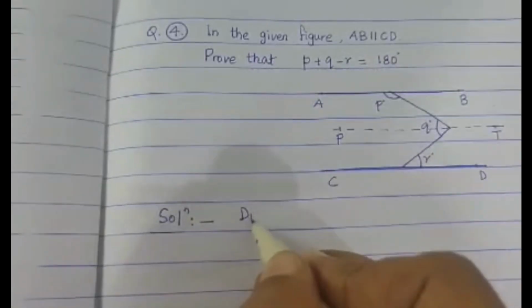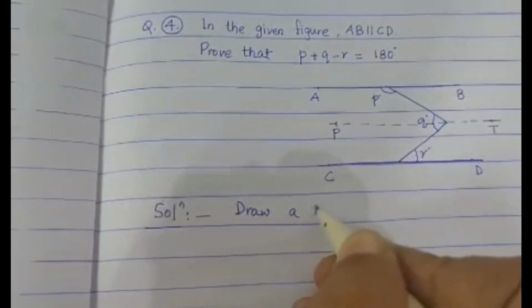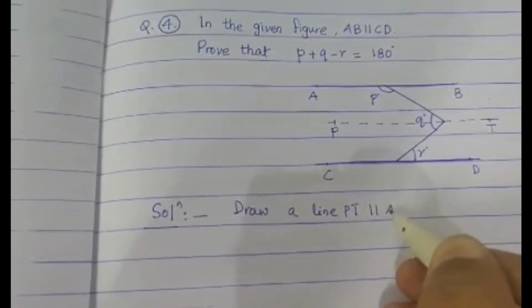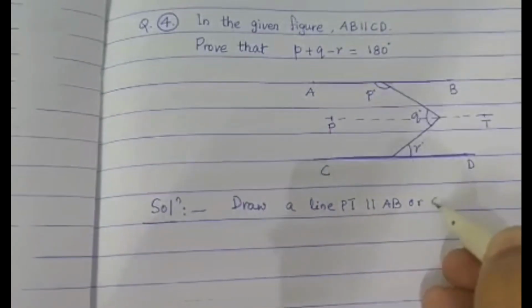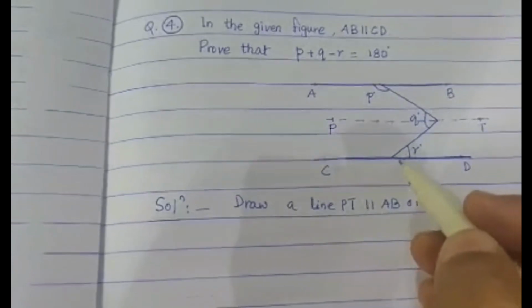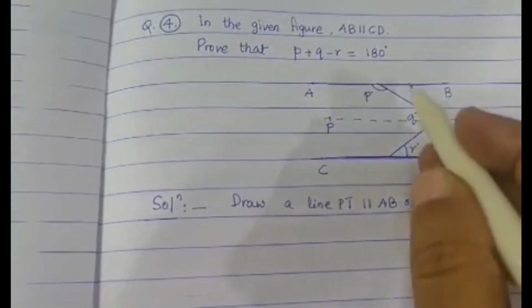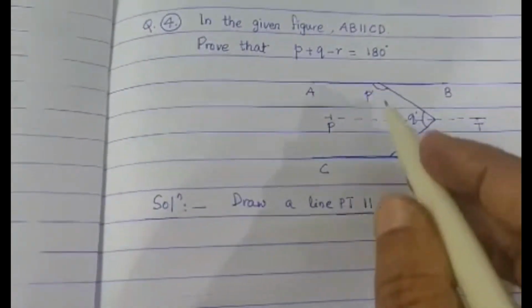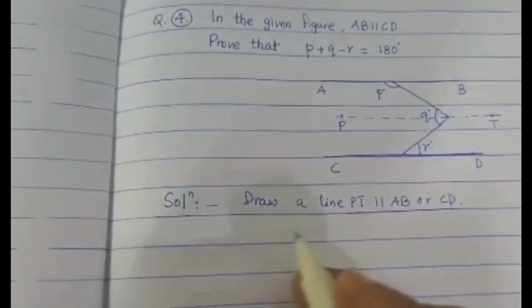So draw a line PT parallel to AB or CD. If it is parallel to one of the lines, then it will be parallel to the other also, because AB is parallel to CD. So PT will be parallel to AB and PT will be parallel to CD also.